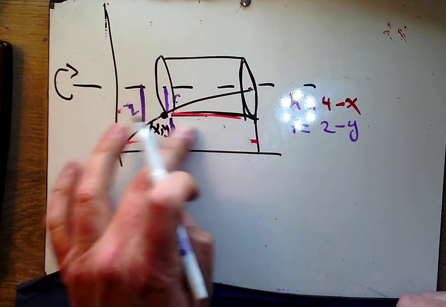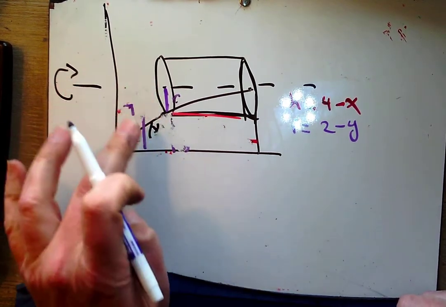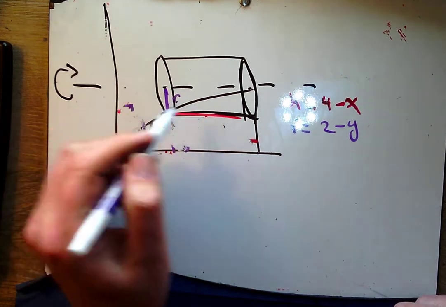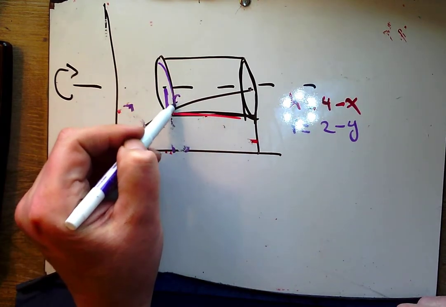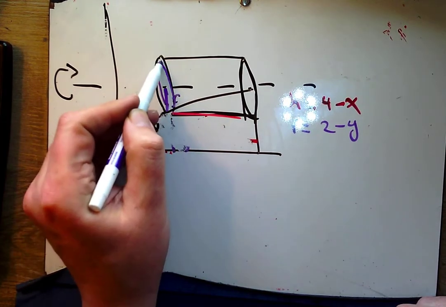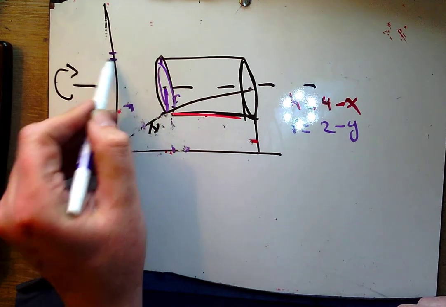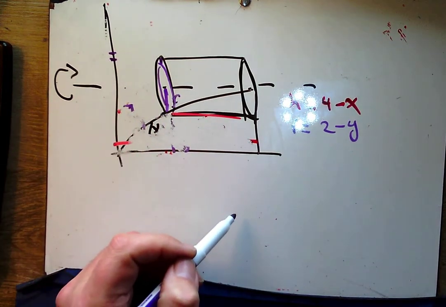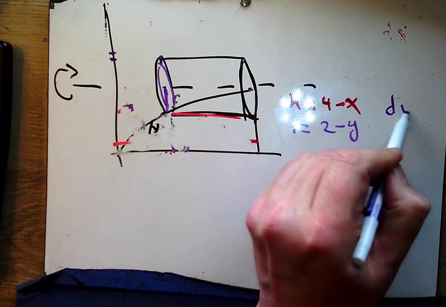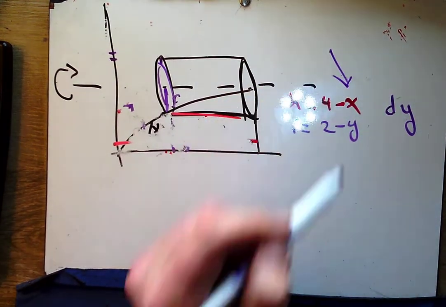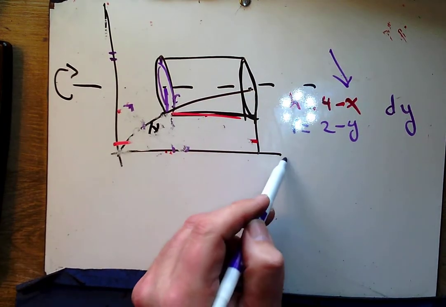Have you figured out whether or not this is a dx or a dy integral? Well, this would be the thickness, and that's going to be measured over here. So it's a dy integral, which means we have to replace x with some y stuff.